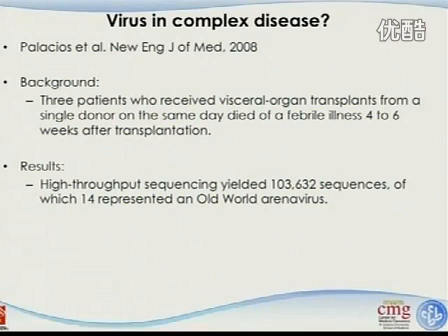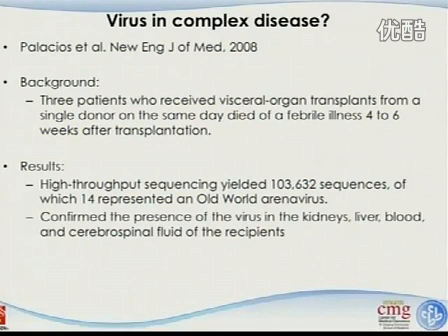But for this particular application, I suspect they used 454, and the reason is that the number of sequences they used is remarkably low. It's only 104,000 sequences, but among these, they identified 14 that represent an Old World arenavirus.